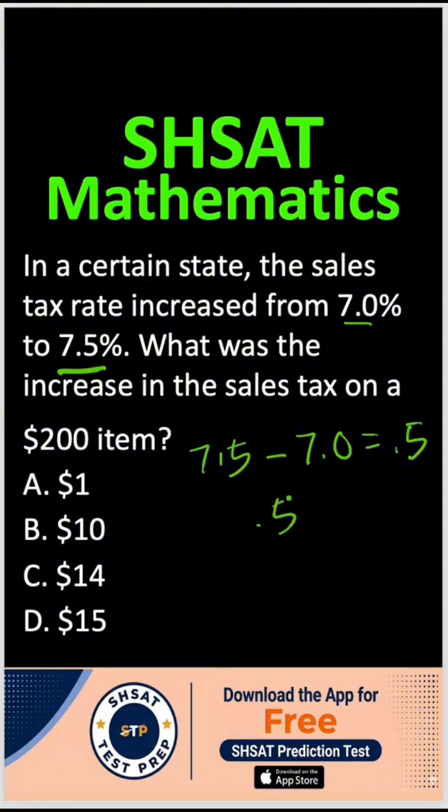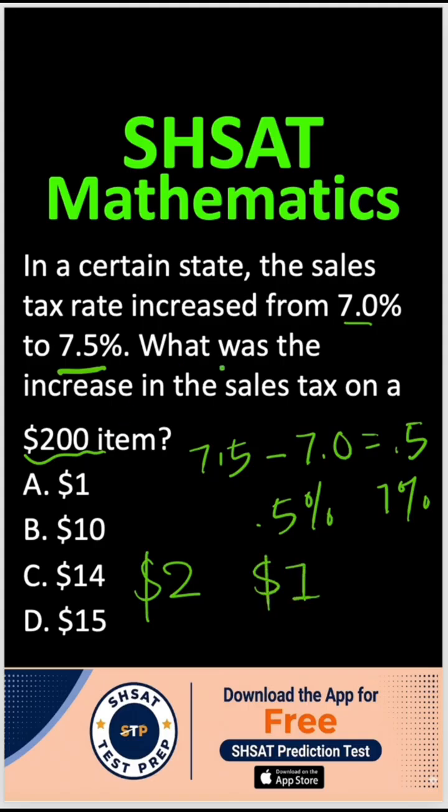Now, 0.5% is exactly half of 1%. So, if we can find 1% of 200, we can also find 0.5% of 200. So 1% of 200 is simply $2 and half of that is $1. So the sales tax increase on a $200 item is $1. And with that, the correct answer is option A.